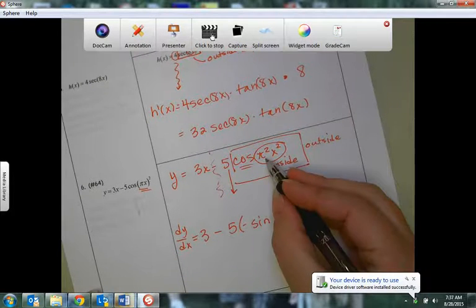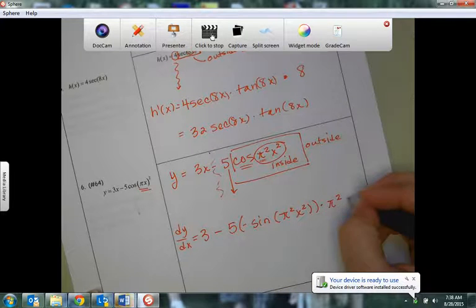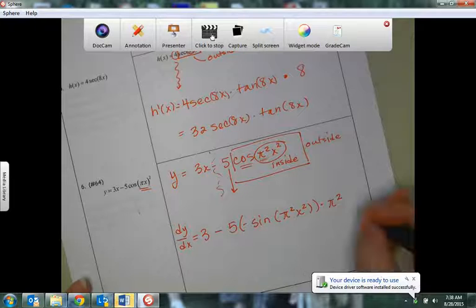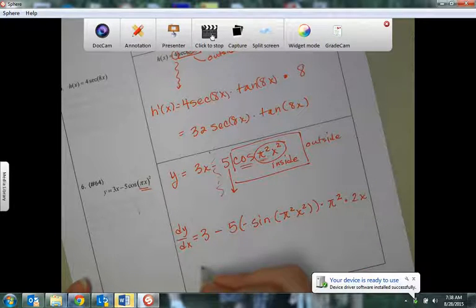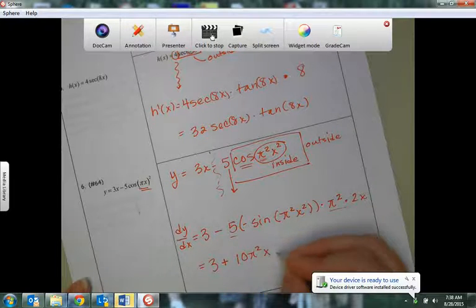Well, pi squared is just a coefficient, so it goes along for the ride, times 2x. Clean that up for sure. So I'm going to bring those with that. Negative, negative makes it a positive. 10 pi squared x times my sine of pi squared x squared.